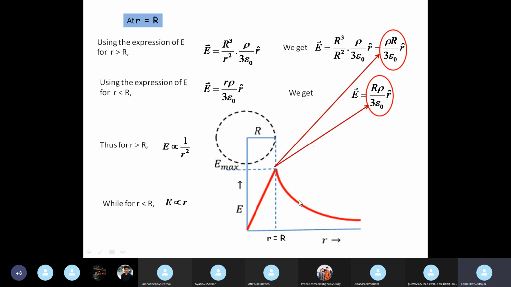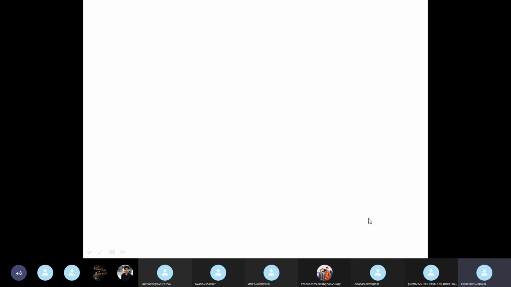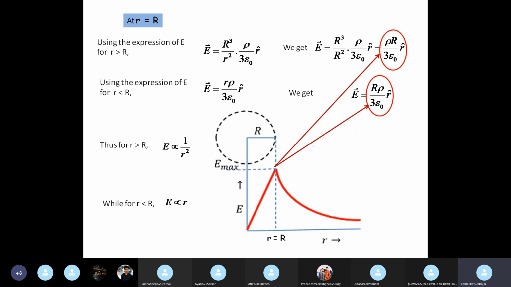So as you move away from the sphere, this is the sphere, inside it is increasing and outside it is decreasing as 1 by r square. Is this clear to everybody? Do you have any questions regarding this? If not, then we will move to the next problem.